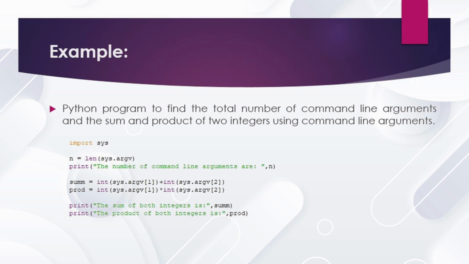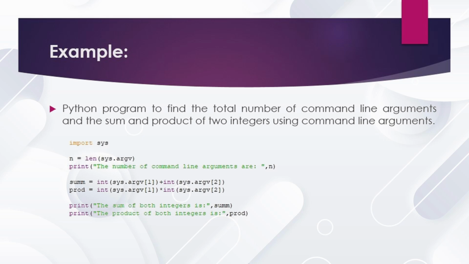For example, we will try to find the summation and product of two integers using command line arguments. Let us look at the modified program first. This program begins by importing the sys module to access command line arguments. It uses the len function to count how many arguments were passed and displays the total command line arguments.